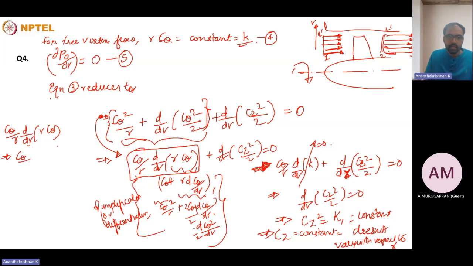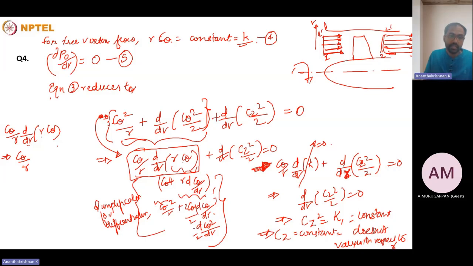So it will come down to c theta by r. Try to differentiate the inner component, using the product formula.